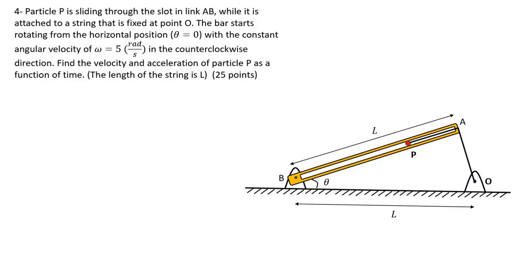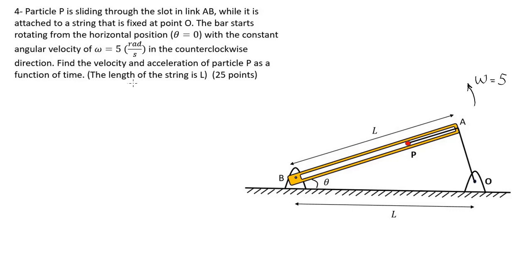That means in this direction. So this is omega. Let me fix the pin here. This is the omega direction, which is equal to 5. Find the velocity and acceleration of particle P as a function of time.